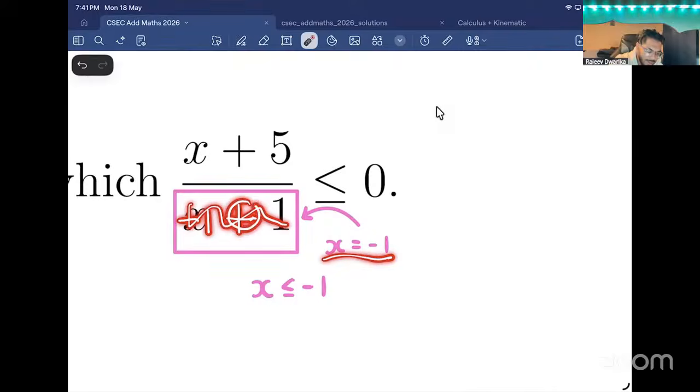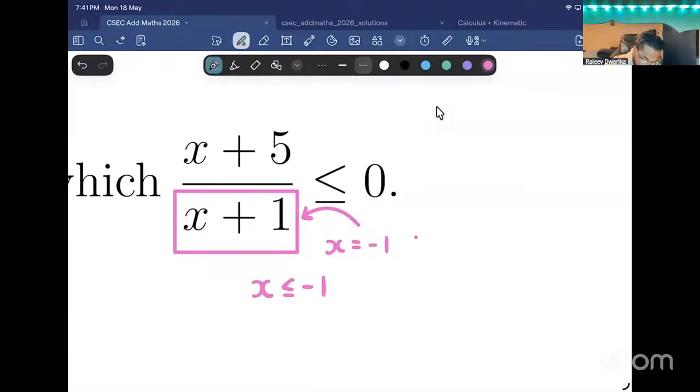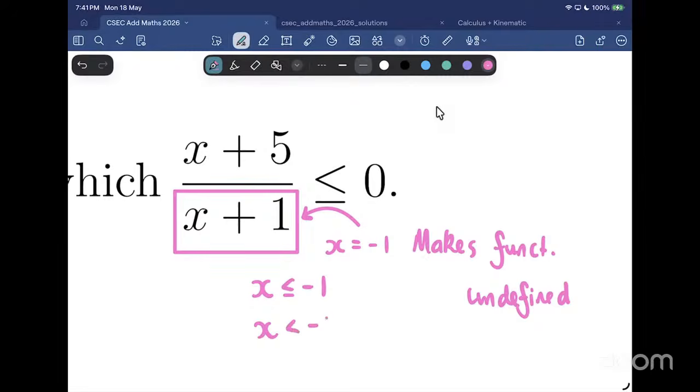Can I have something divided by 0? Nah, that's invalid. It makes the function undefined. So what should I correct it to be? I can't say less than or equal to minus 1, so it has to be corrected to less than. Yeah, less than.